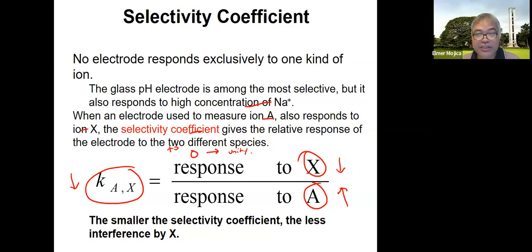Okay, so a selectivity coefficient of unity means the electrode responds equally to both your target analyte and the interfering ion. So unity, what is that? 1, right? So if you have a selectivity coefficient of 1, that means pareho silang nagre-respond. So it's not good. Now, if an electrode responds, let's say, to an ion X 20 times more strongly than ion A, then what do you have there? 20.